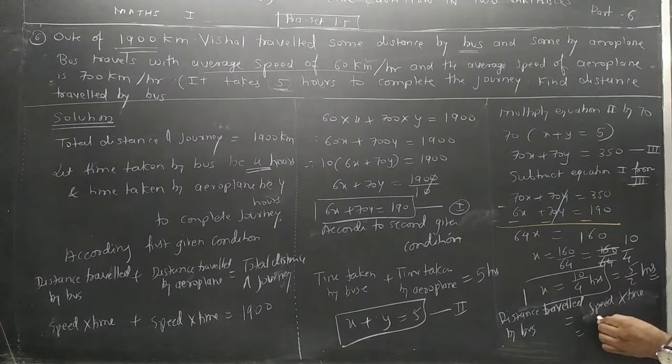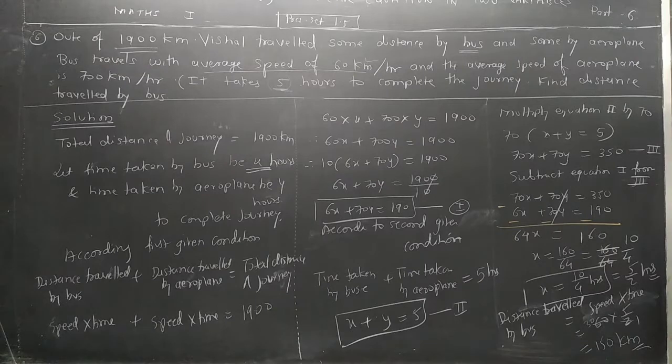That is equal to, speed is what? 60 into 5 by 2. So we are getting 2 ones are 2, 30s is 150 kilometer. So distance traveled by bus is equal to 150 kilometer.